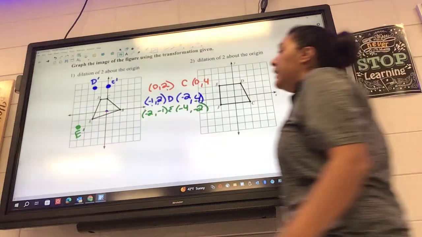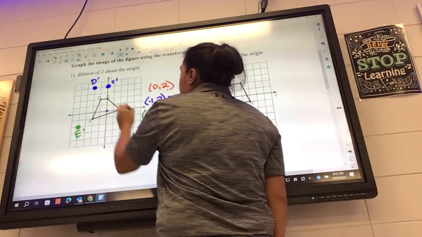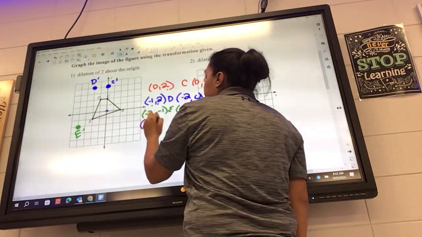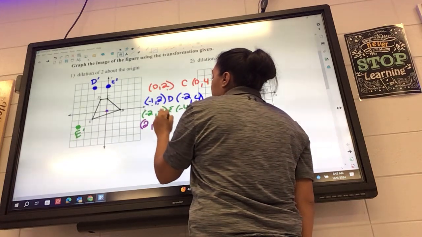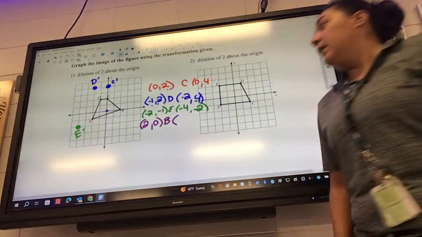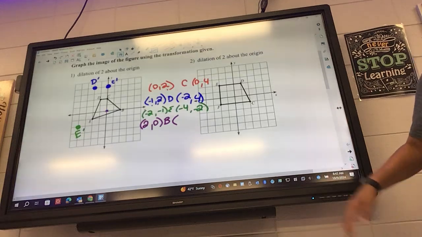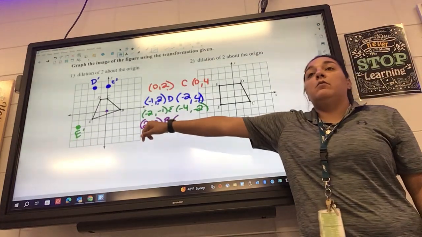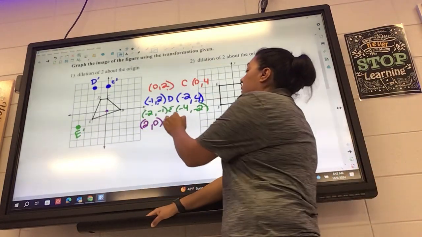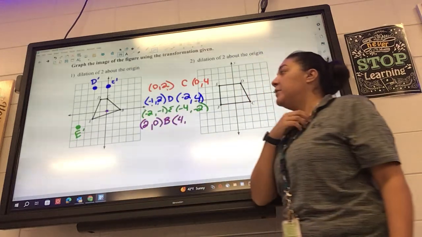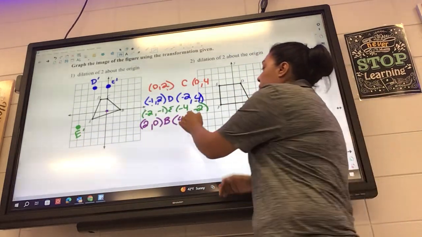Okay, and then lastly, my B is going to be right 2, so positive 2, up 0, so (2, 0). That's going to be my B. So my new B is going to be 2 times 2, 4, 0 times 2, 0, so (4, 0).